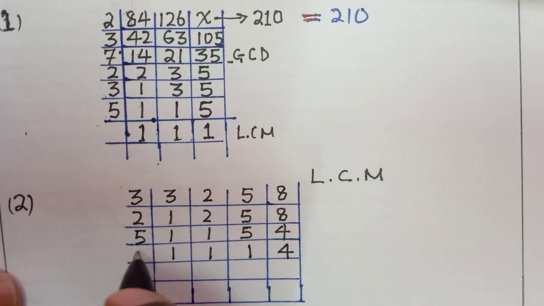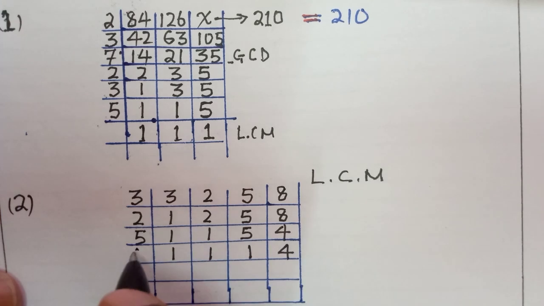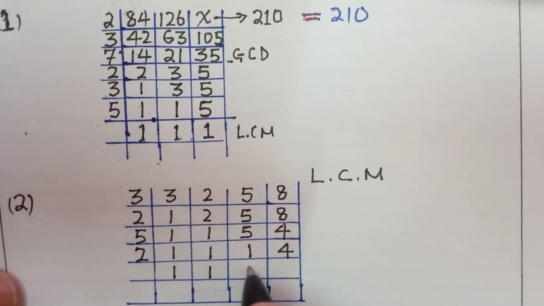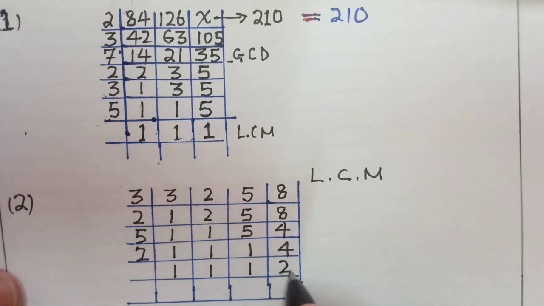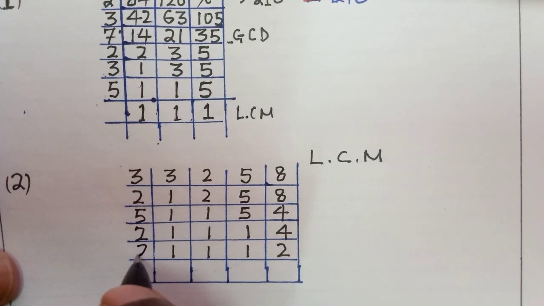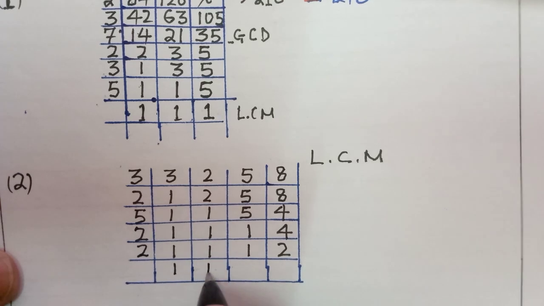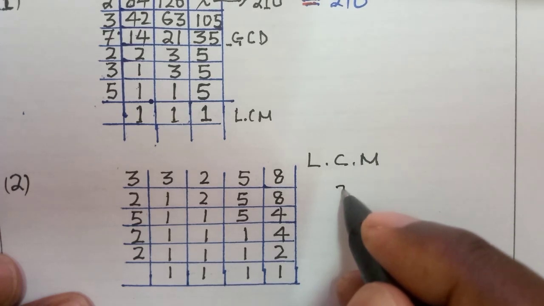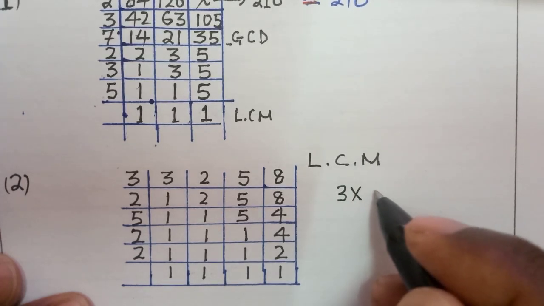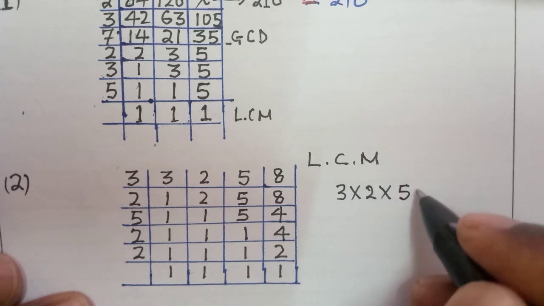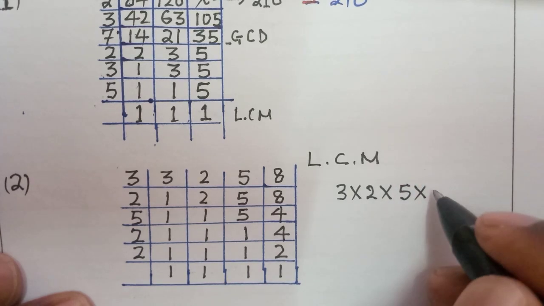We can now divide by 2 there. So this is going to be 1, 1, 1, and this is 2. We divide by 2 yet again. This is 1, 1, 1, 1. So our LCM, guys, is going to be 3 times 2 times 5 times 2 times 2.